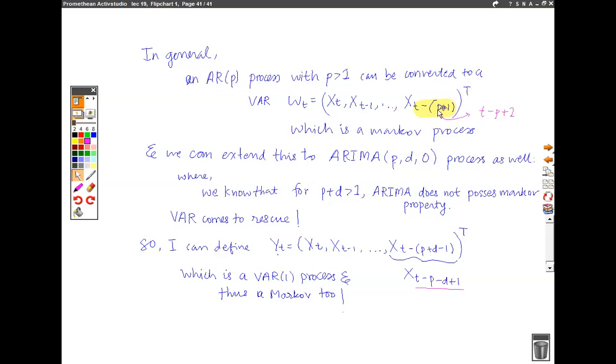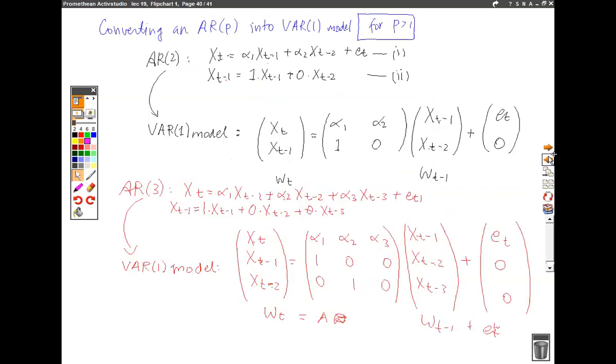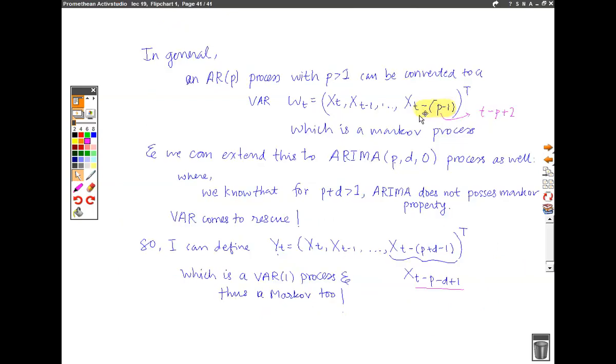So what I have here is x_{t-1} and x_{t-2}, right? And I'm looking at an AR(3) process. So this is my p and 2 is just p minus 1, which is 3 minus 1 equal to 2, and you have a t here. So that is how you get this t minus p plus 1. And that is the same reason you will get something like this. So you will have x_{t-p-d+1}.